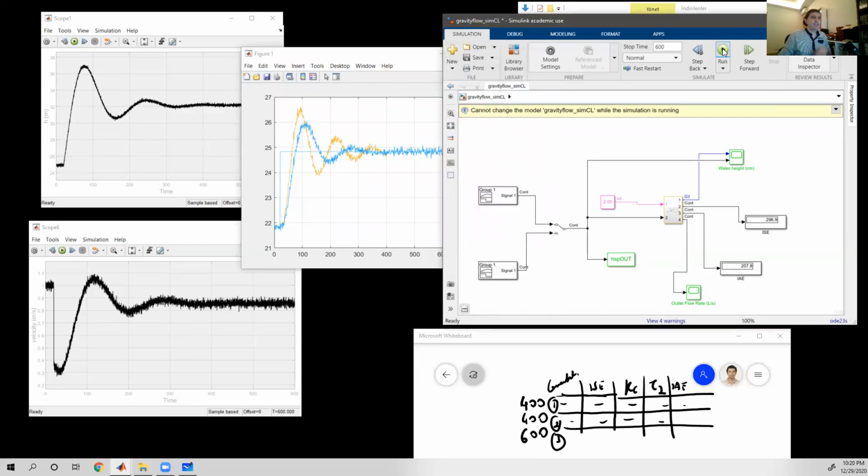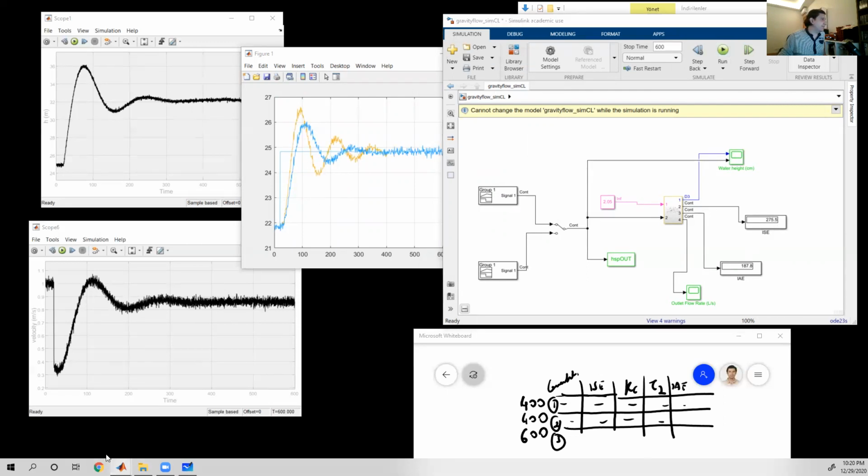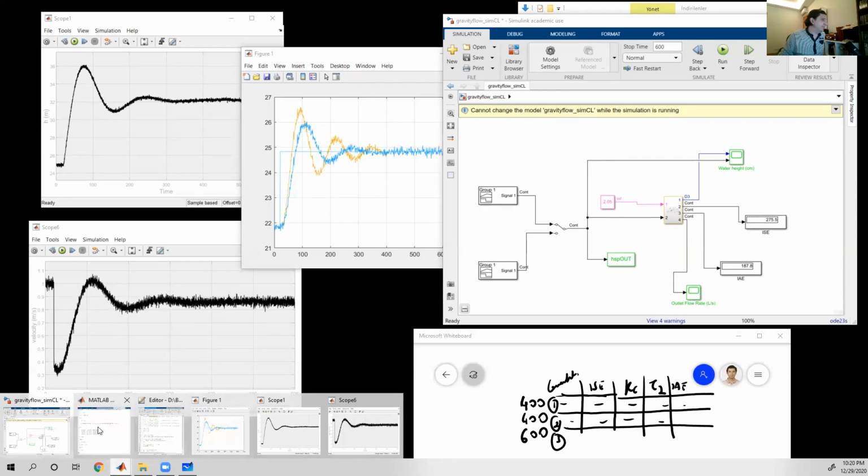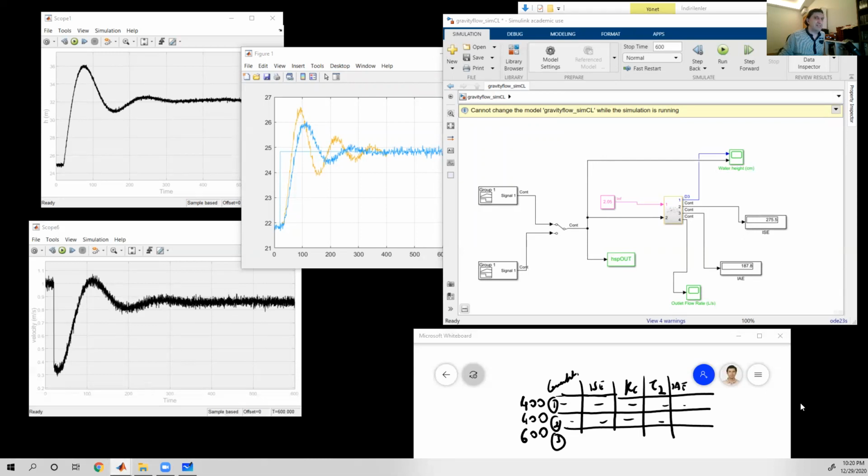All right, so these values are 207 and 296, the integral absolute error and integral square error. Let's see what's going to happen. Okay, so as you can see, the integral error and integral square error, I think, has got better, or just rewind the video and see what it has done. Let's plot the graph.